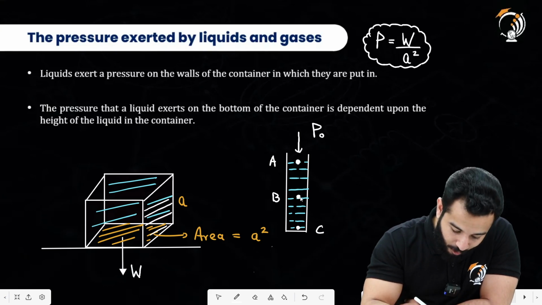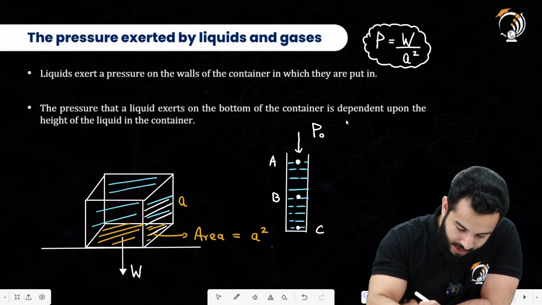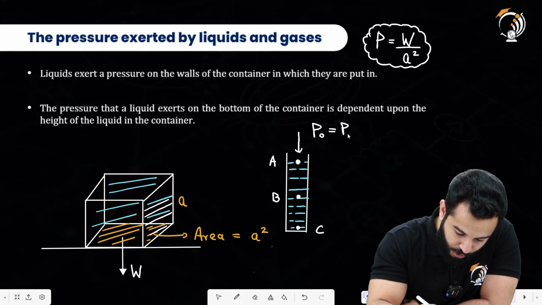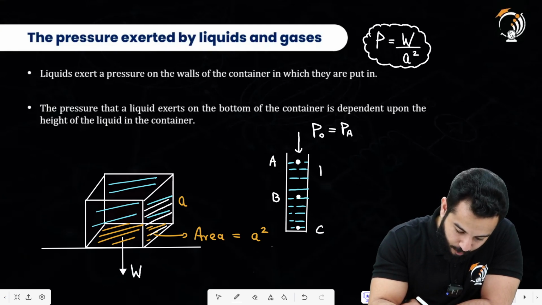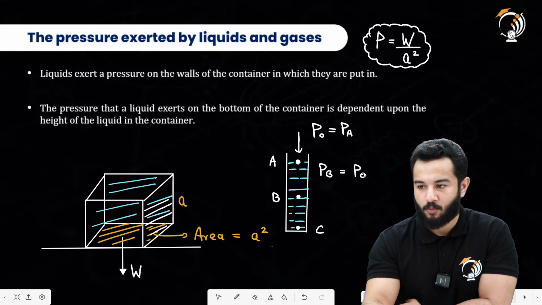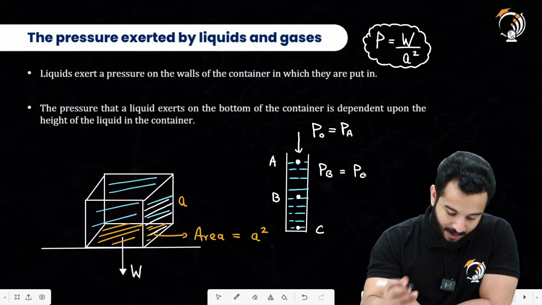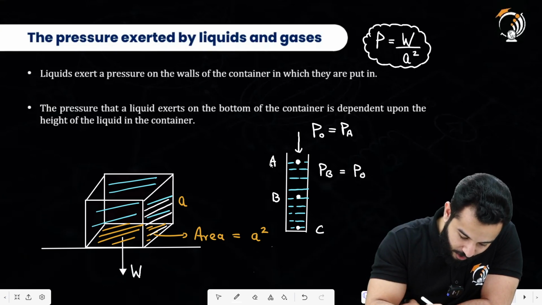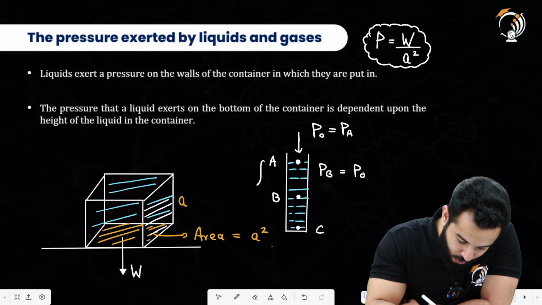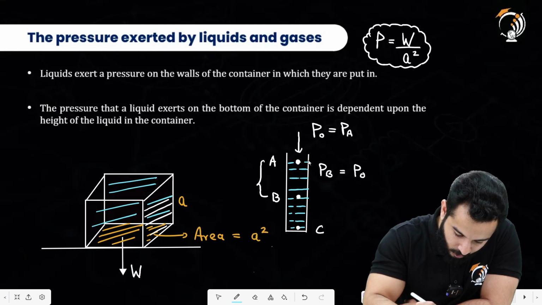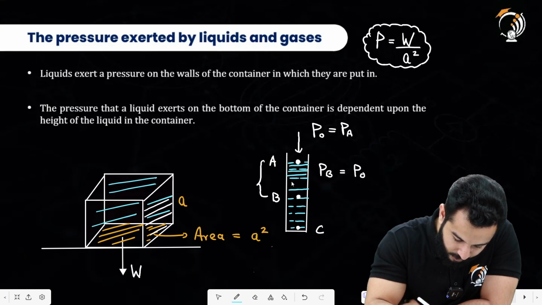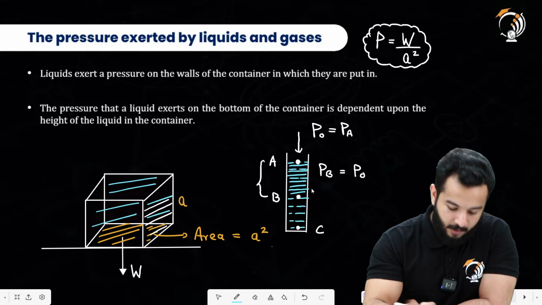Now, if you talk about point B, this was the pressure at point A. If I talk about the pressure at point B, we obviously have atmospheric pressure, but along with it we have some extra pressure because of the weight of this much amount of fluid.